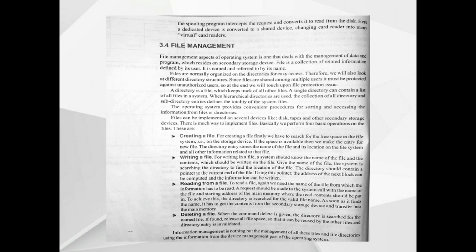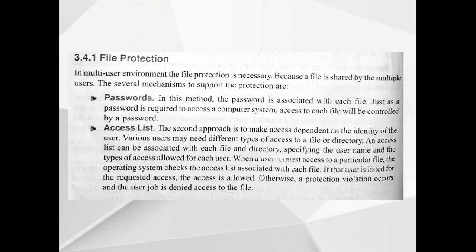Now next we have file protection. In a multi-user environment, file protection is necessary because a file is shared by multiple users. When the file is shared by multiple users, we have two mechanisms to support protection. That is password: passwords can be assigned to access the file, or to ward off unwanted users.